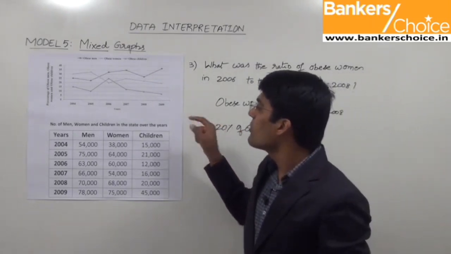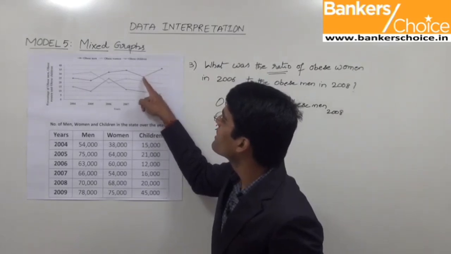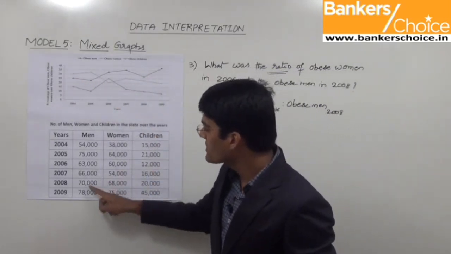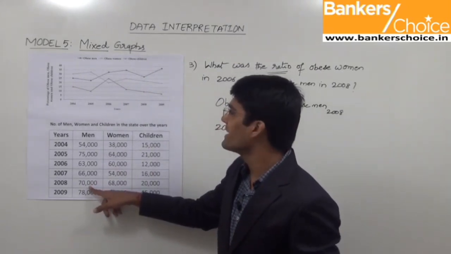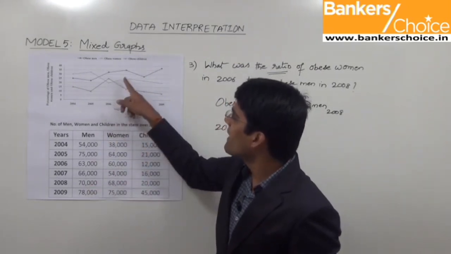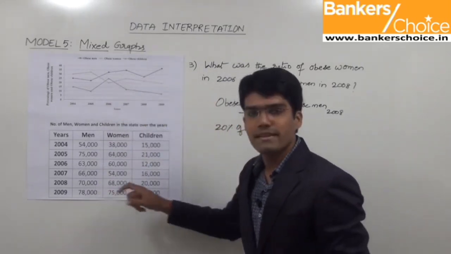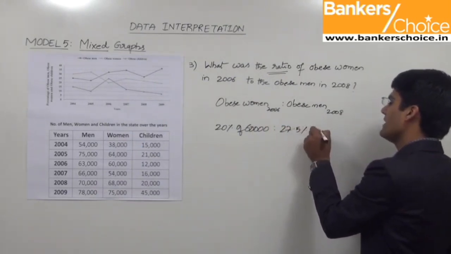The percentage of obese men in 2008 is exactly between 25 and 30. So that can be taken as 27.5%. And the total men in 2008 is 70,000. So the number of obese men in 2008 can be taken as 27.5% of 70,000.